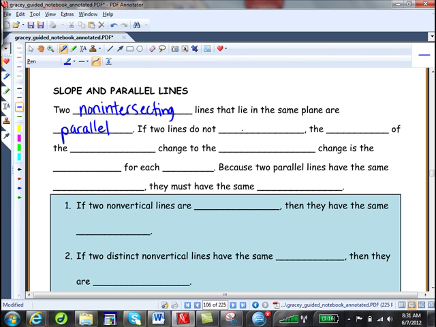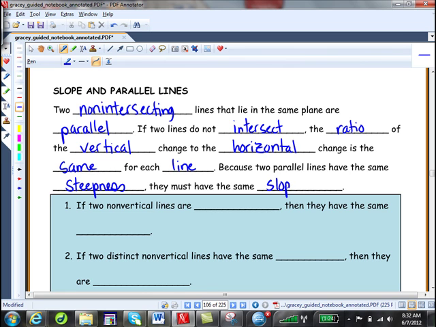If two lines do not intersect, the ratio of the vertical change to the horizontal change is the same for each line. Because two parallel lines have the same steepness, they must have the same what? Good, they must have the same slope.